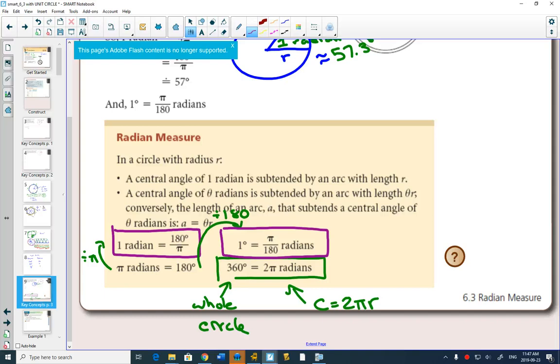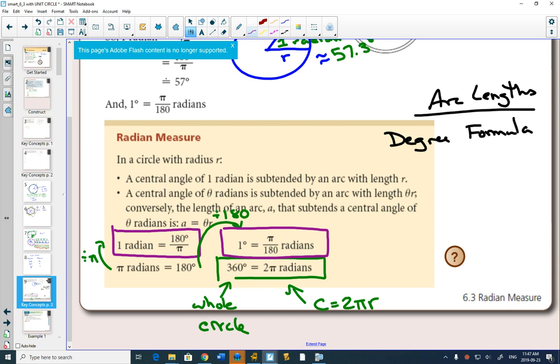Now what we did in 6.2 is we figured out arc length formulas. But because we did it when we just knew degrees, so far we have only made a formula for degrees. The arc length formula on your formula sheet, they use the letter S. Because there's no S in the word arc, I'm not sure why.